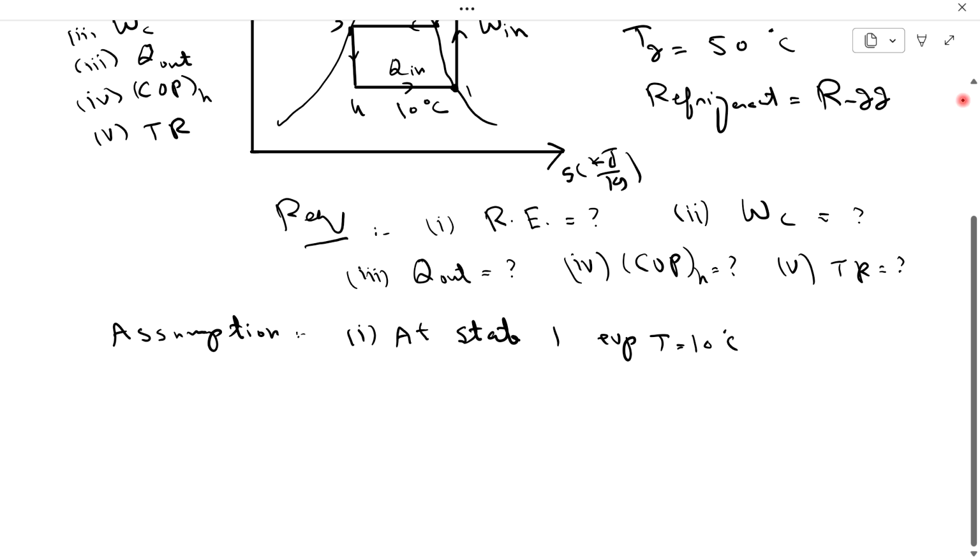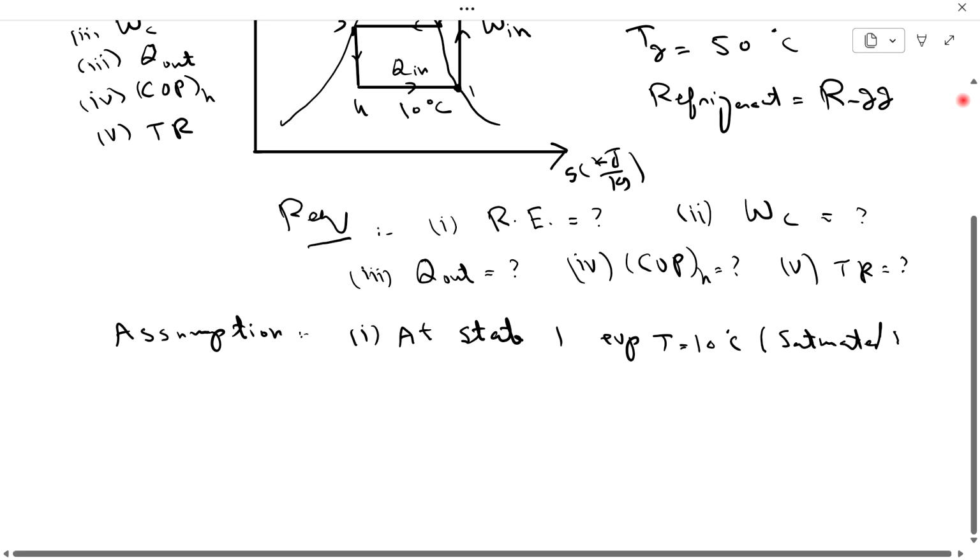Because this line is the saturated liquid line, state 1 is the saturated vapor point.